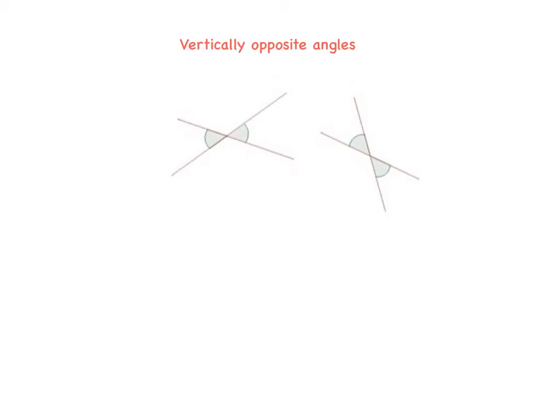Okay, and there's a diagram here, and I've marked two angles here and two angles here. What can you tell me about these angles? So first of all, we have two lines, and these angles are marked.